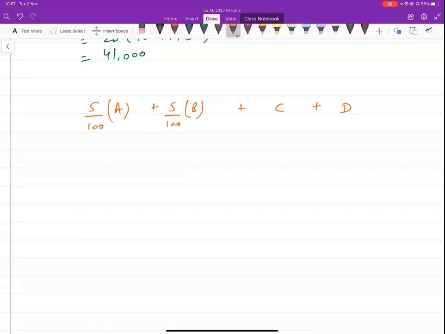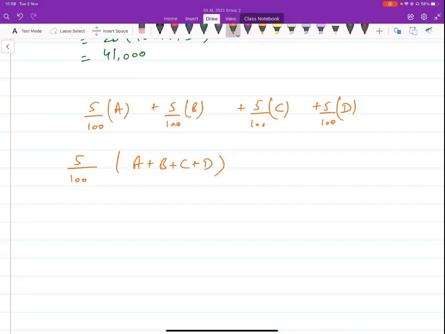5 over 100 into B, 5 over 100 into C, 5 over 100 into D. What we're doing here is we're calculating 5% separately and then adding them, right? It's the same thing as saying if we take that 5% common, what are we left with inside? A plus B plus C plus D. We could just add all of them up first and then take the 5%.